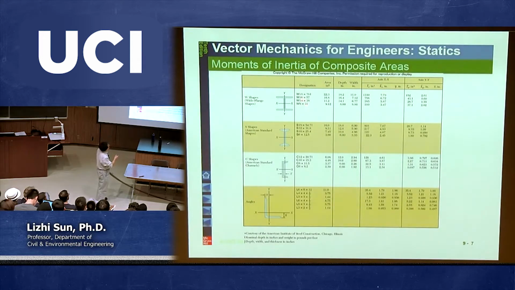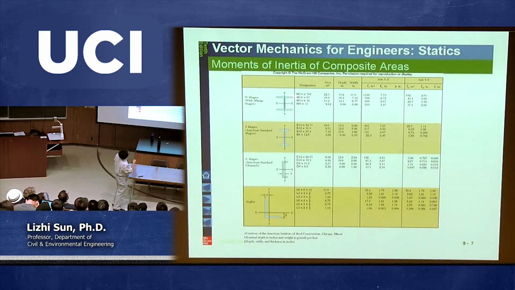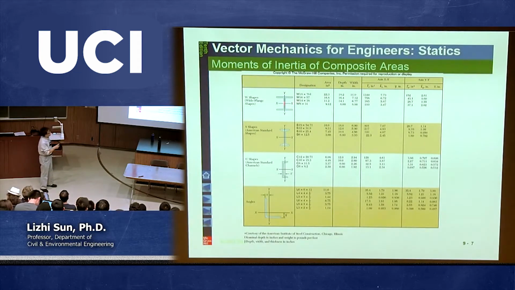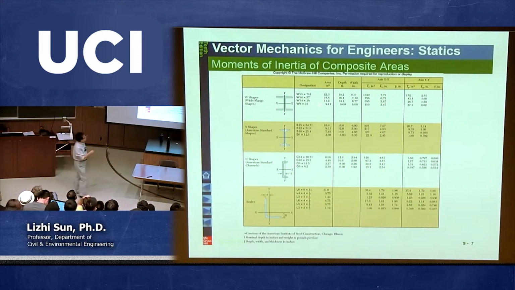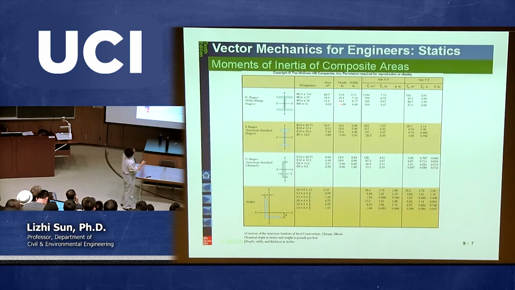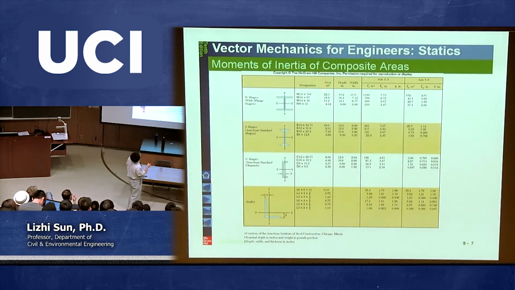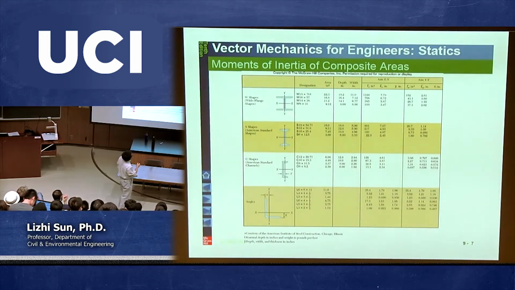Of course we are relying on this textbook, so definitely we need to choose something from this textbook. For the designation W14 by 38, that means if you have this kind of shape, instead of calculating the moment of inertia by yourself, which is a combination of these three rectangular shapes, you can take advantage of the result directly from the book. So in other words, for this W14 by 38, in fact, we know everything. We know the area of this cross-section, which is 11.2, given here.